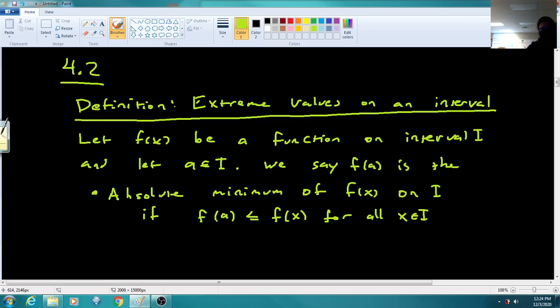So if you have this f of a and it's less than or equal to, you look at all the other x's in the interval, f of x will be their y values. So f of x represents all the y values that come from that interval. If your f of a is smaller than or equal to all of those, then it's the absolute minimum. And absolute maximum will be a similar statement.